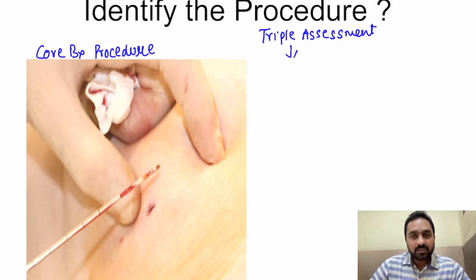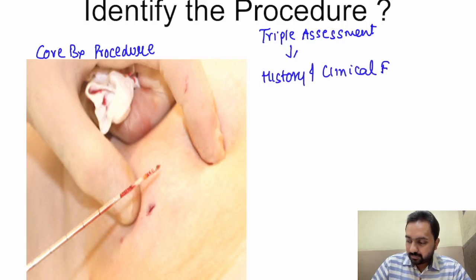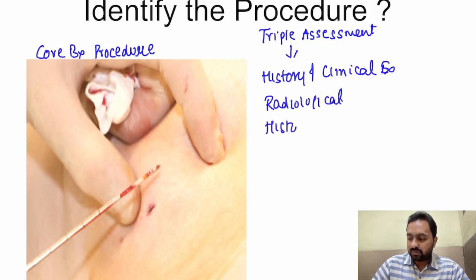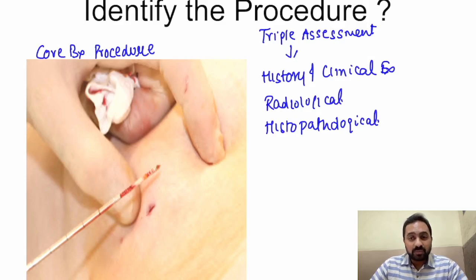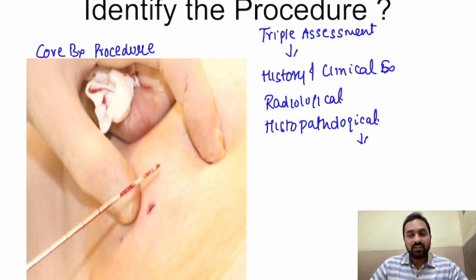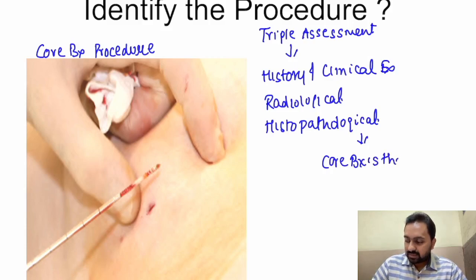So this triple assessment includes your history and clinical examination. It includes your radiological examination, then it includes your histopathological examination. Remember that histopathological examination is your confirmatory examination, and nowadays core biopsy is the standard.